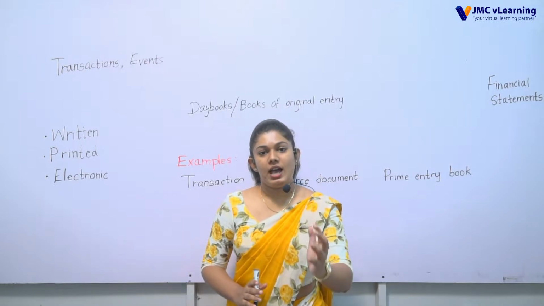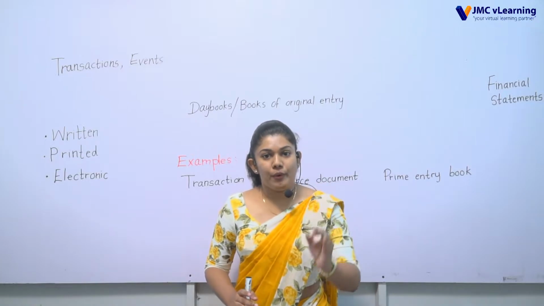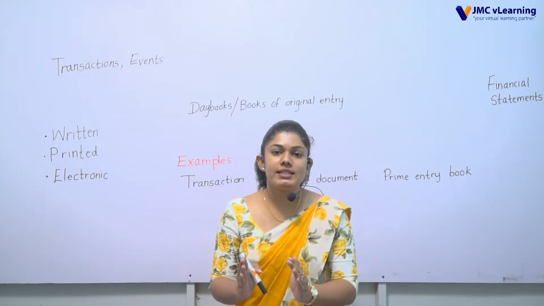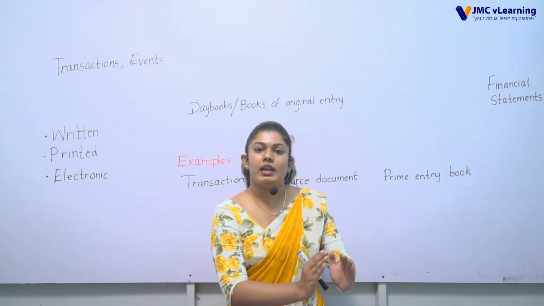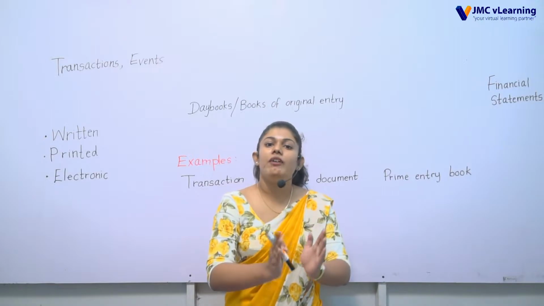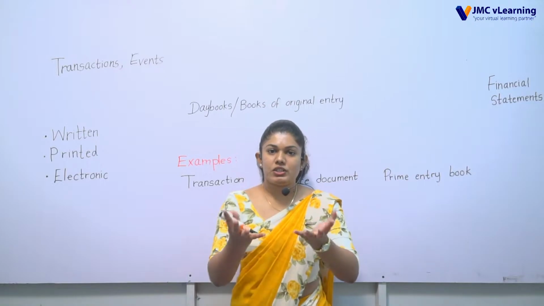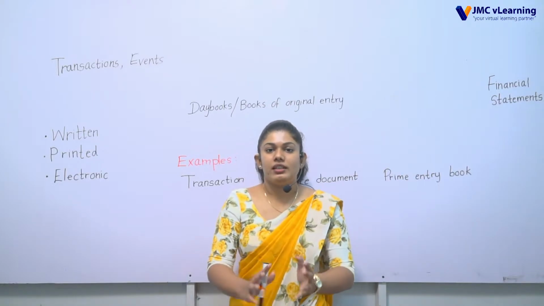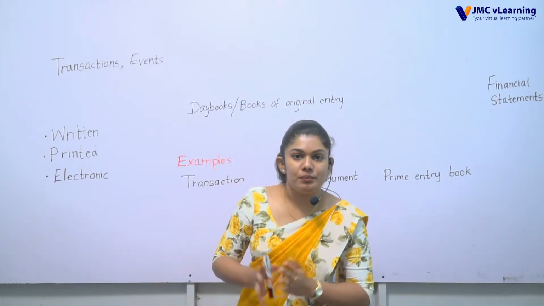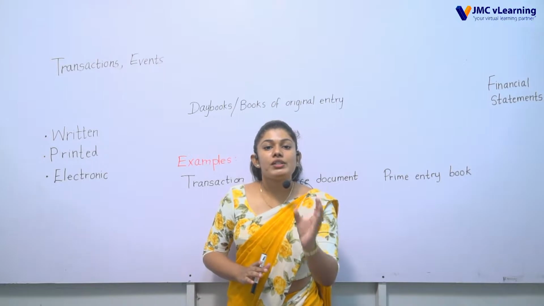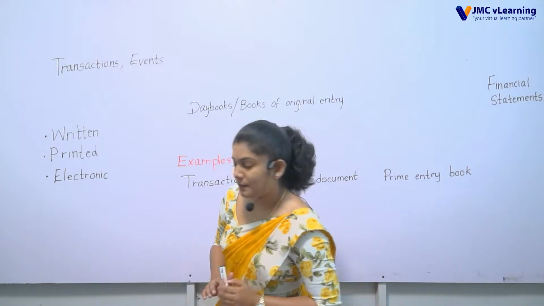Those are the basic details that let us know that this particular transaction took place in this particular place, at this particular time, for this particular value. Such a document, a written thing, a printed thing, an electronic thing, we call a source document, or an original document.